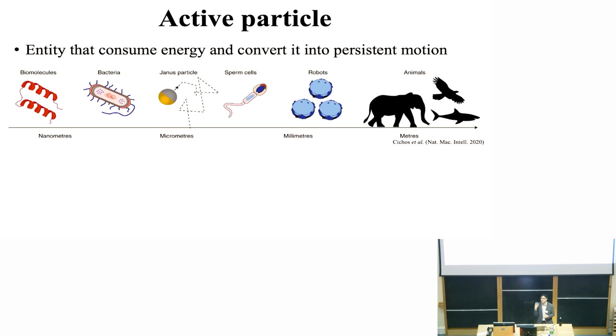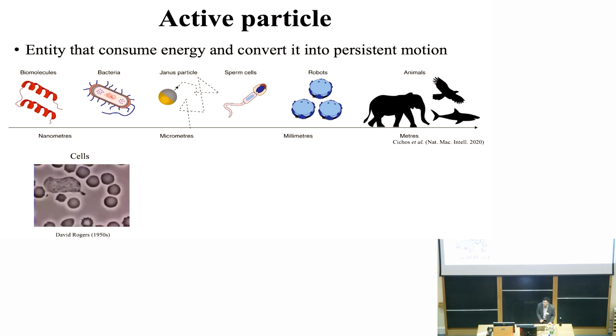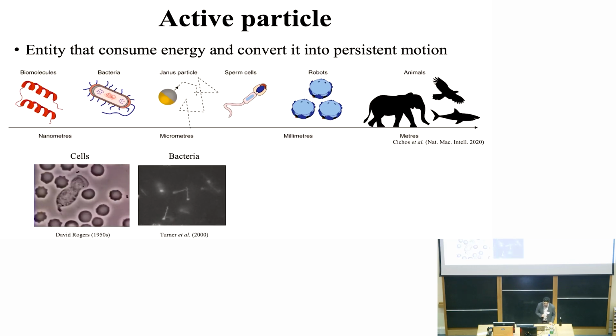And then you can think of the cell itself as an active particle, and other microorganisms as well, such as bacteria. Here is a video of a type of white blood cell chasing a bacteria. It consumes energy by eating food in the form of chemical energy, and it's converting it into this crawling sort of motion here.